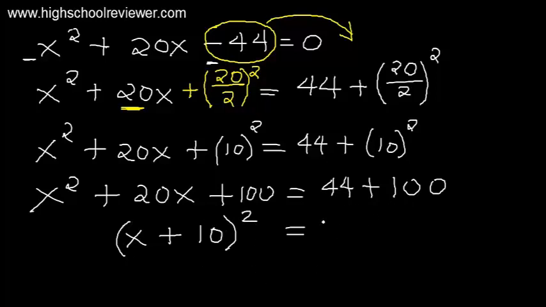44 plus 100 will give us 144. And then to eliminate the square, or the power of 2 sign here, we need to get the square root of both sides. So we will have here the square root, and on the right side we will also get the square root.